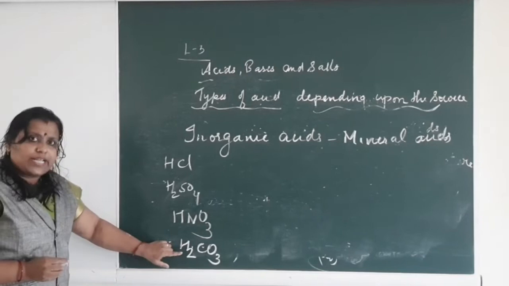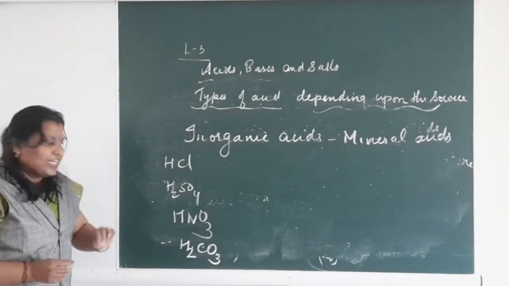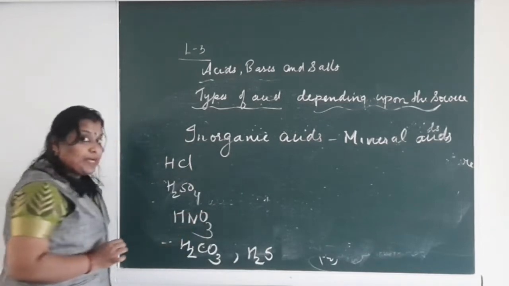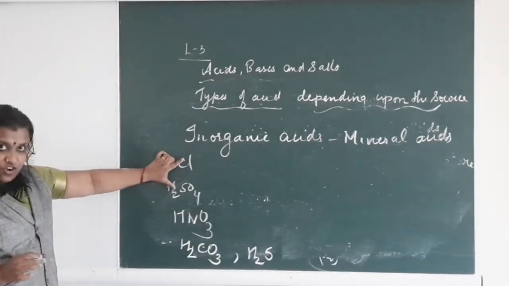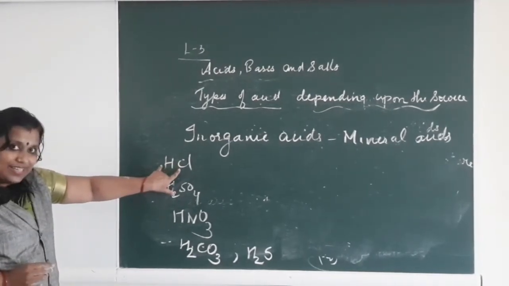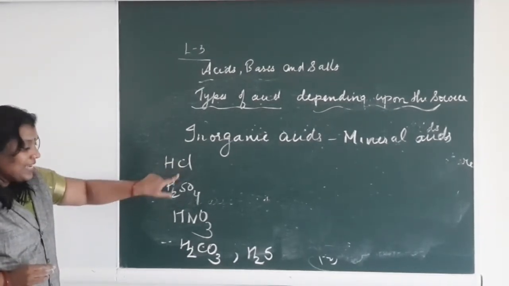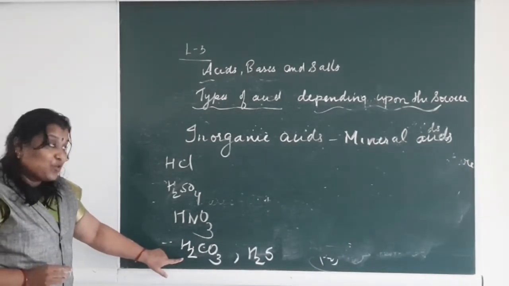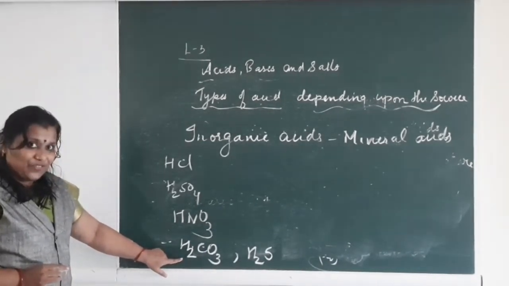There are weak ones also, like carbonic acid and H2S, which are weak acids. So what we interpret is that most of the mineral acids are strong, and carbon is not a part of their molecular formula, except for carbonic acid. There are a few mineral acids which are weak.